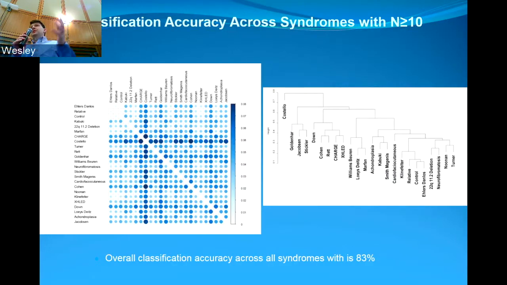And of course, there are sample-dependent effects here. So this applies to the construction of our database. It doesn't mean that if you have 1,000 unknowns in a clinic, you would get 83% accuracy with 3D facial imaging in a sample of unknowns, because unknowns are going to have a different makeup than this sample. For example, we include Down syndrome. These are cross-validated against our sample.